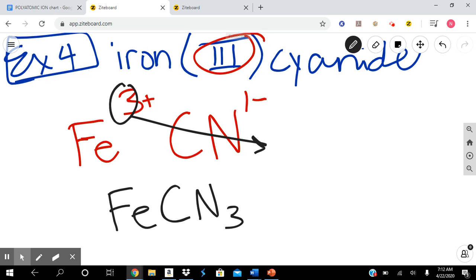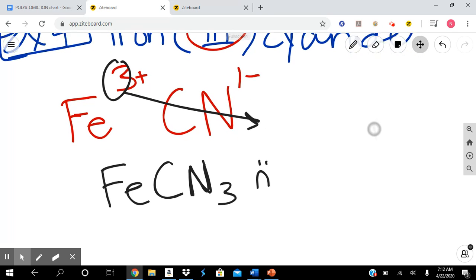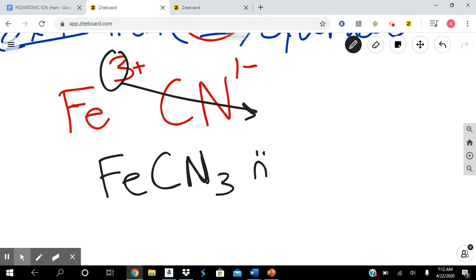This is the most common wrong answer. Why is this wrong? Well, the 3 is next to the nitrogen. So essentially you're telling me I'm taking nitrogen 3 times. But we don't want to take nitrogen 3 times. We want to take cyanide 3 times.